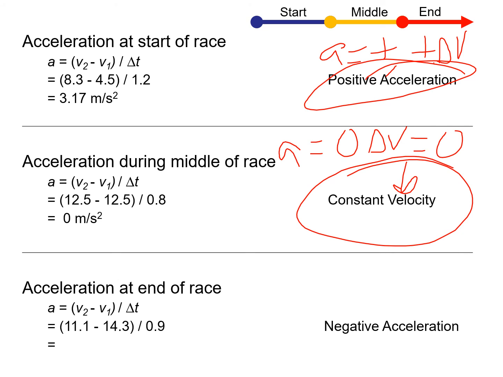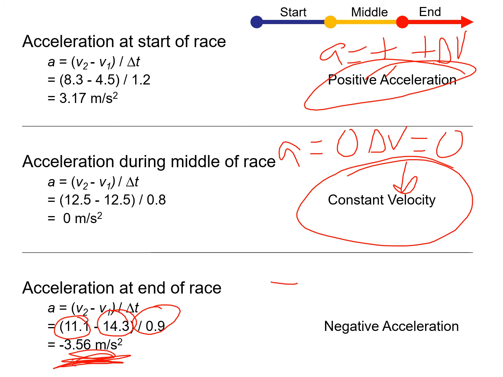If, on the other hand, we're seeing acceleration at the end of a race, they started the race at 11.1 meters per second, and then they slowed to 4.3 meters per second, and they did it in 0.9 seconds, we have a negative change in velocity, or a negative acceleration, excuse me.